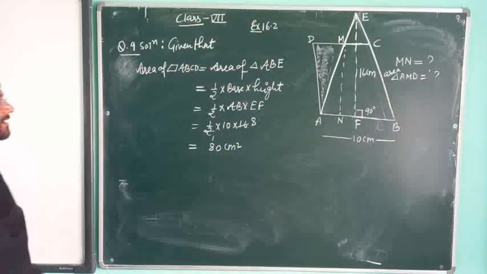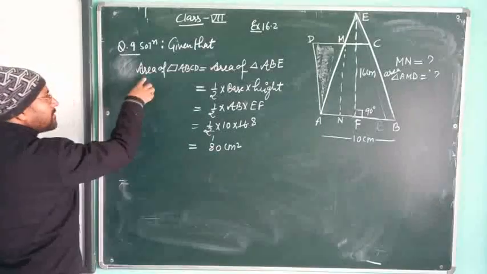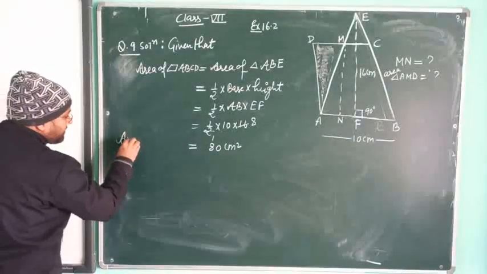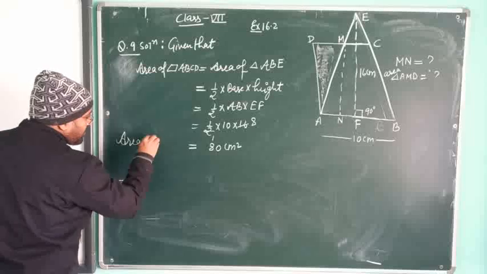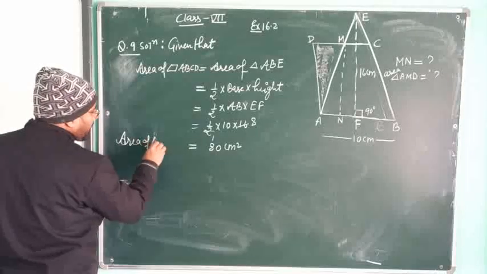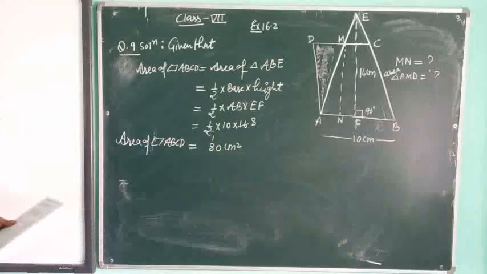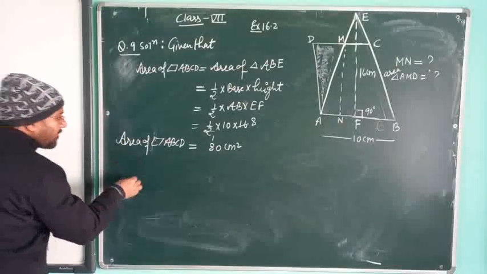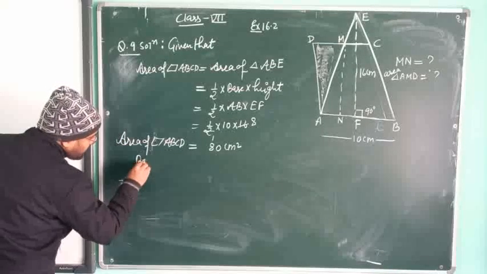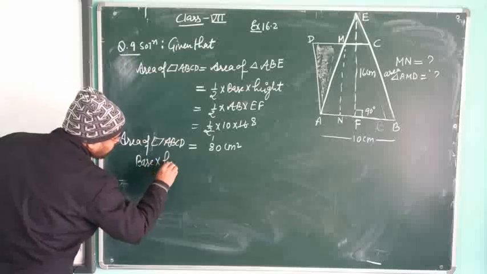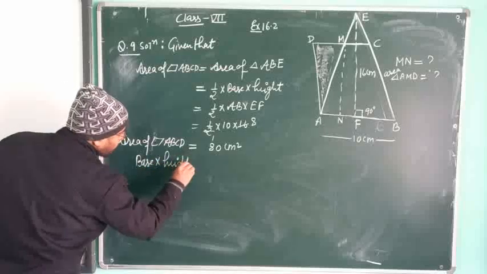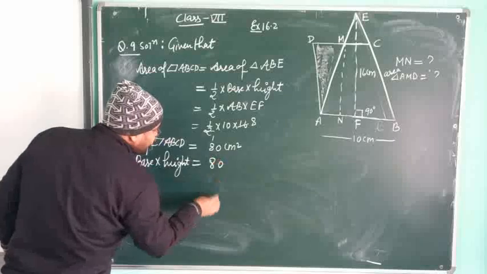And we know that the area of a parallelogram ABCD, which is base multiplied by height, is equal to 80 centimeter square.